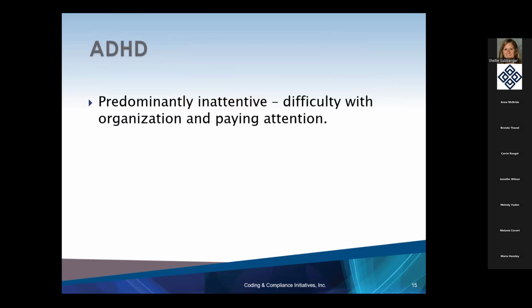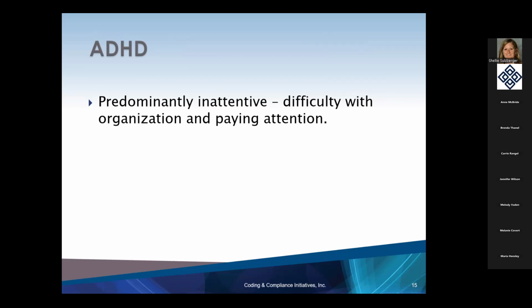So when we're looking at ADHD, as I said, we always want to document to the highest level of specificity. The DSM-5 guide provides clinical criteria for diagnosing ADHD.